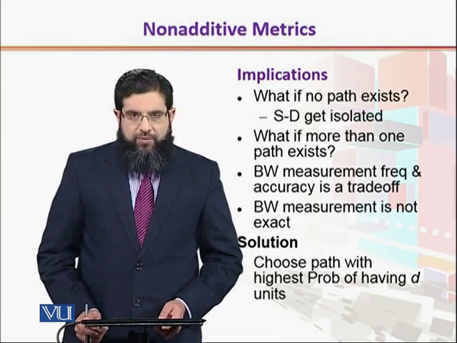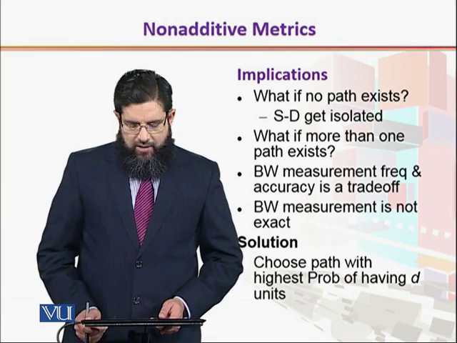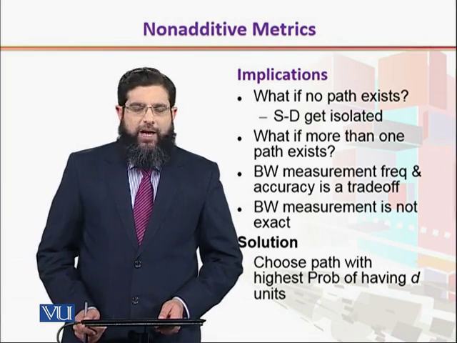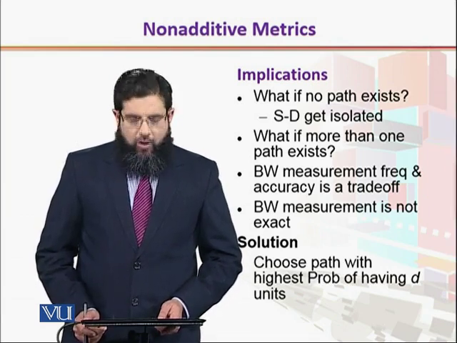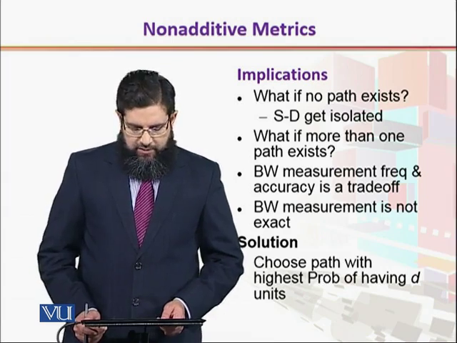So this trade-off is also important. Then the bandwidth measurement is not always accurate, because by the time, as I said, measurements are made, the bandwidths might have as well changed.